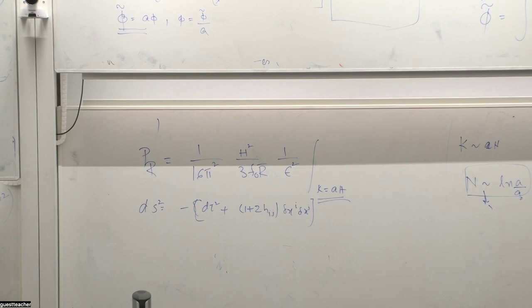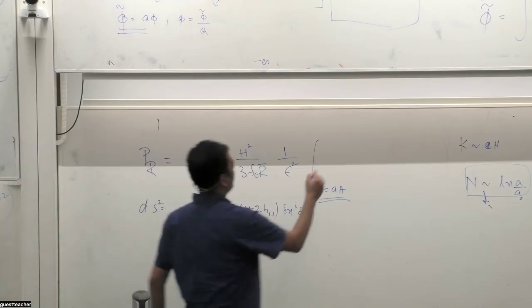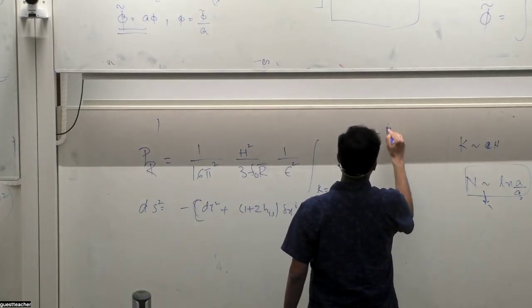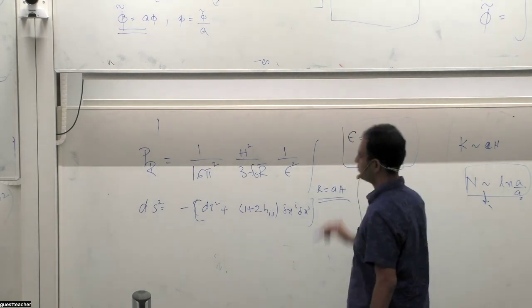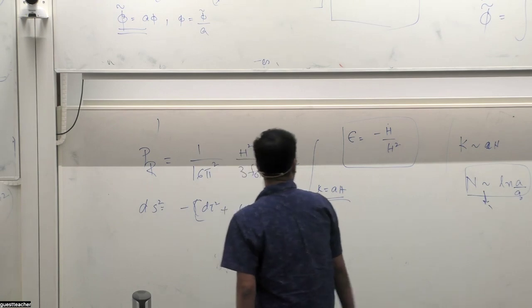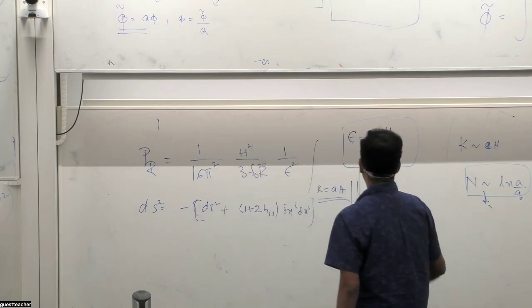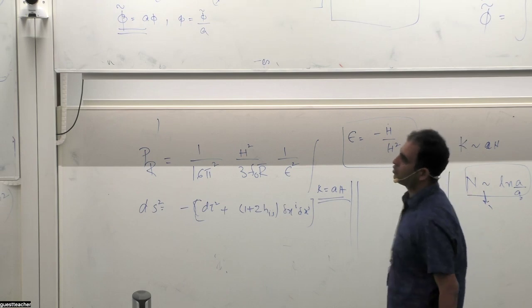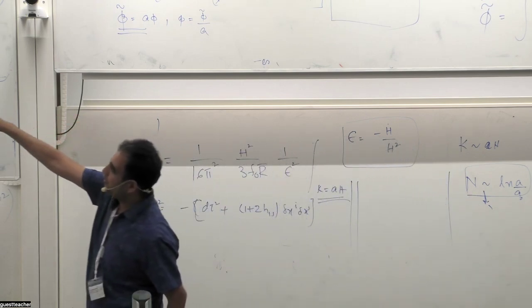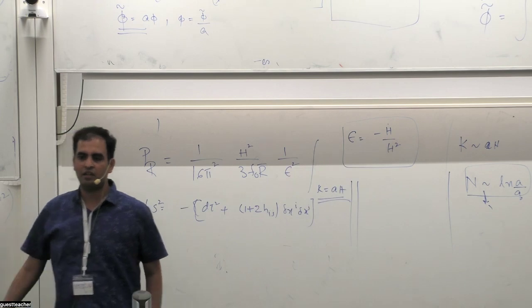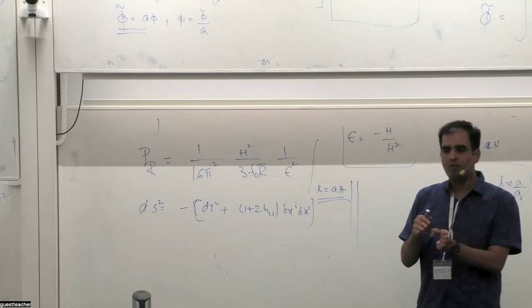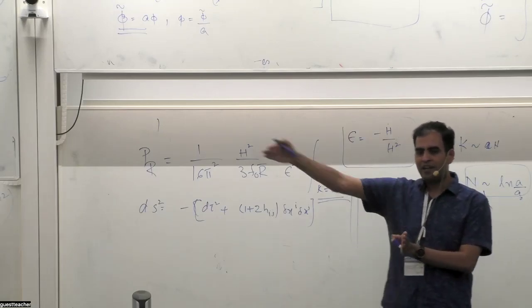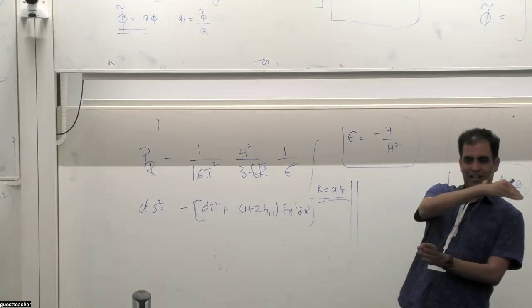So epsilon is the so-called slow roll parameter. It is minus H dot by H square. Well, let me write this relation. So remember the solutions we worked out, if you compute epsilon in the so-called number of e-folds, and normally we count the e-folds from the end to the beginning of inflation, in the reverse direction.